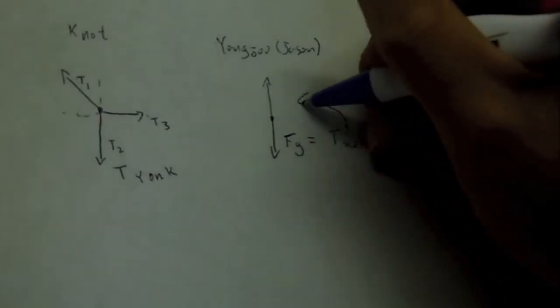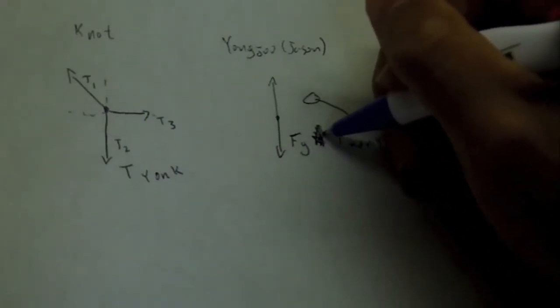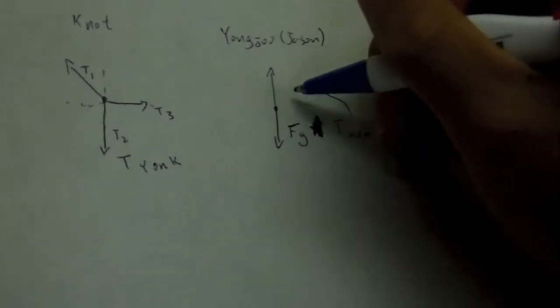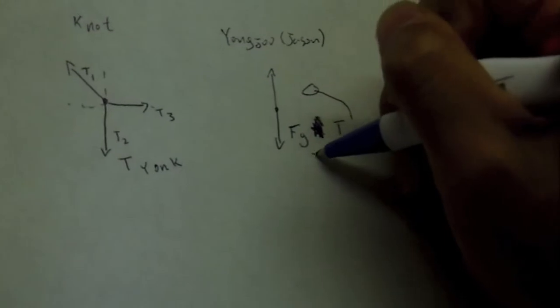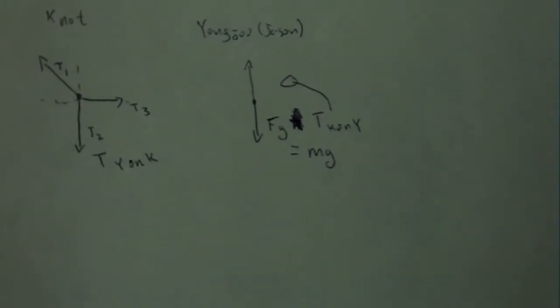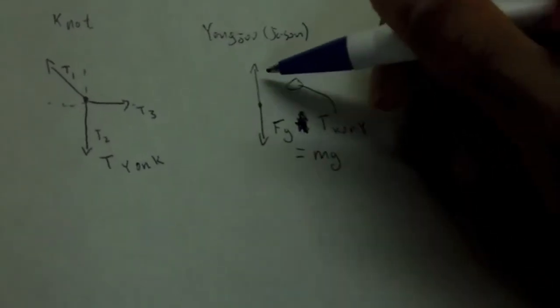Actually, this is going to be here. I messed up. So T of knot on Youngju is here, and then that's F of G, which is equal to mg.